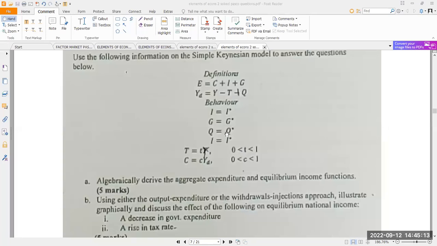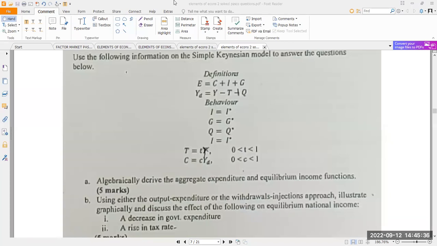So they are not dependent on income. Then tax has only the income-induced tax component. There's no lump sum tax. There is no autonomous tax. So that big T isn't here. But most of the times you see the big T there. It doesn't matter. You just have to use it if it is given.